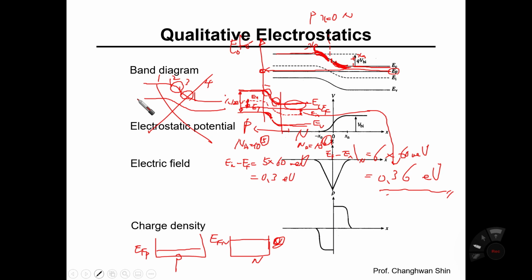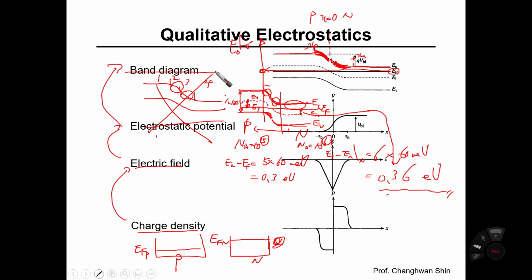So please practice yourself to catch the physics, how the electrostatics across the Pn diode has been formed, and please train yourself how to derive all the detailed equations for each physical value.